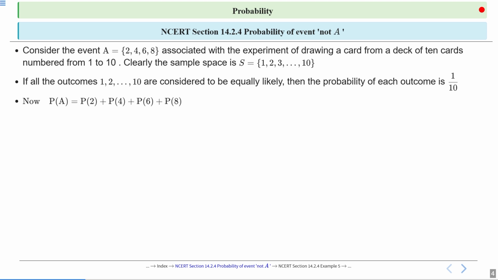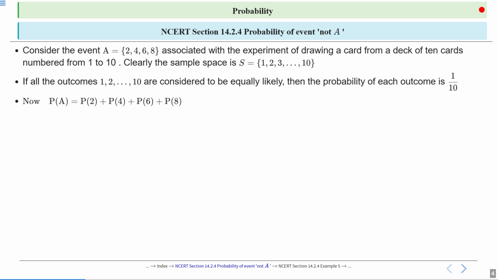Now, what is the probability of A? The event A describes the set 2, 4, 6, 8, so the probability of event A is the probability of 2 plus the probability of 4 plus the probability of 6 plus the probability of 8.